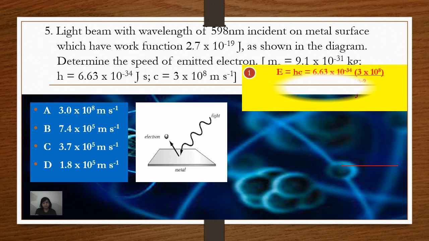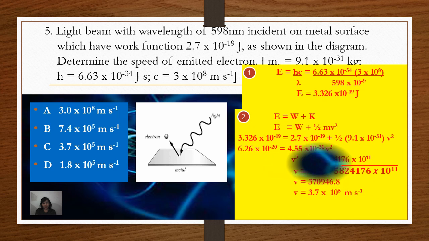Step 1. We apply formula E equals hc per lambda. E is the photon energy. After calculation, we will get E equals 3.326 times 10 to the power of negative 19 joule. Second step, we apply formula E equals W plus K. E is photon energy, W is the work function, K is the maximum kinetic energy of a photoelectron.